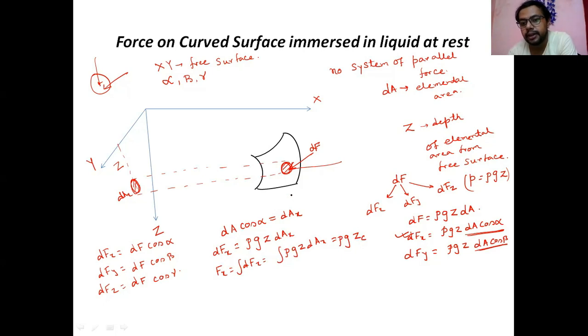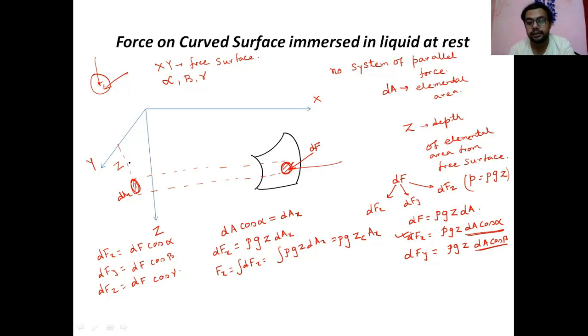You have to search for where the centroid is, and zc into Ax. Ax is the projected area, the total curved surface projected on the yz plane. That is the Ax.